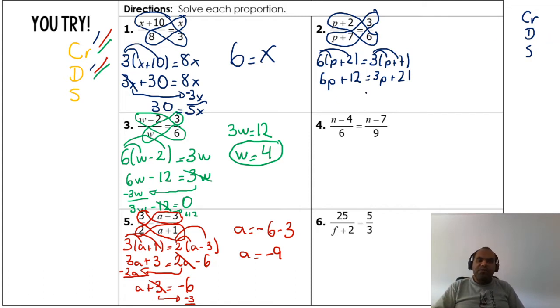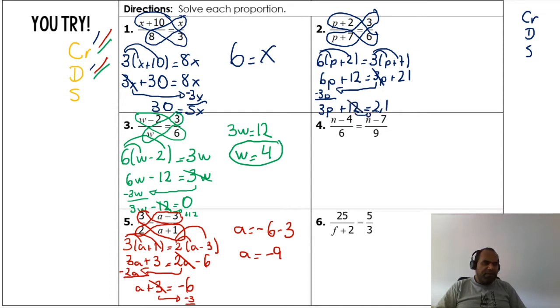Let's do it. I need to move the variable. Which one will we move? We move the smallest, as I told you guys. Let's move 3p. The opposite of 3p is negative 3p, and goodbye 3p here. 6p minus 3p is 3p, plus 12 equals 21. Right now I need to move the number 12, the constant. Goodbye 12.